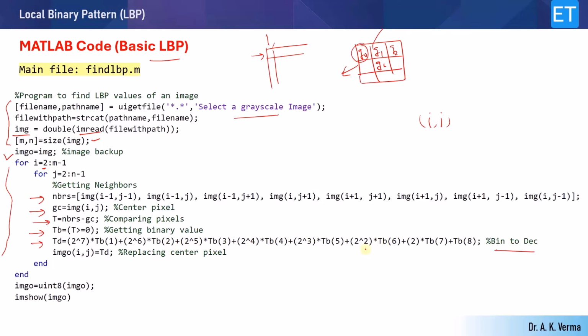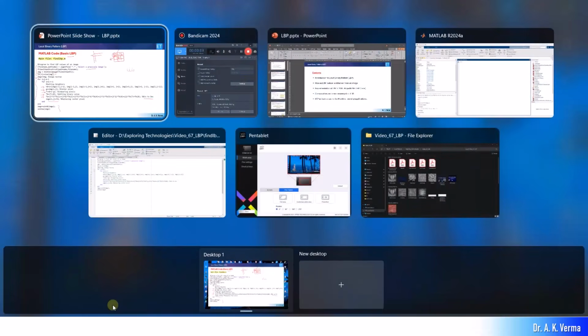It's a standard binary to decimal conversion. And then I replace the center pixel with this computed decimal value TD. So what I have already explained, this is how you can convert the entire grayscale image into the LBP image. I can show you its execution in MATLAB. So let me come to MATLAB.